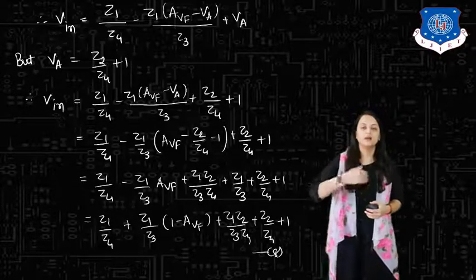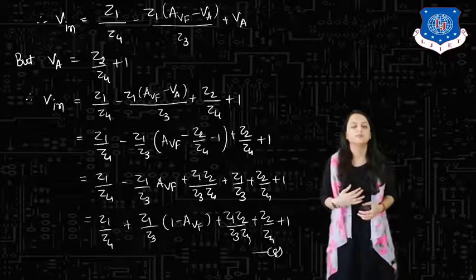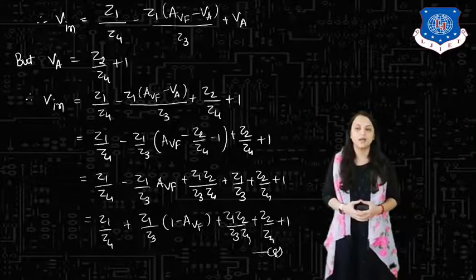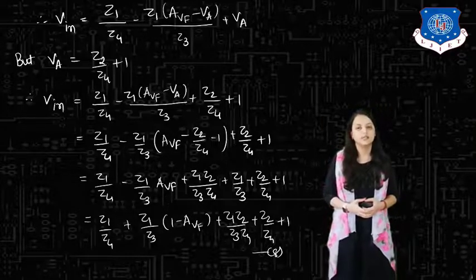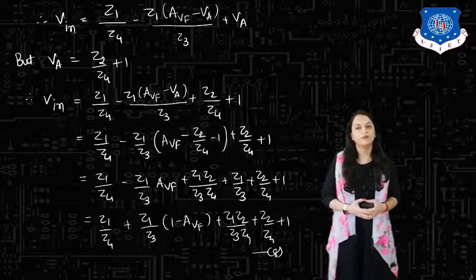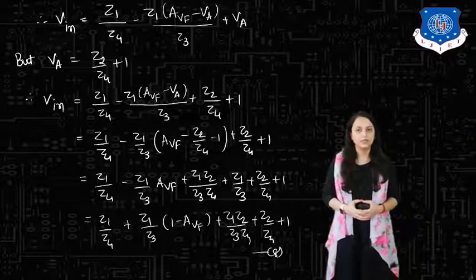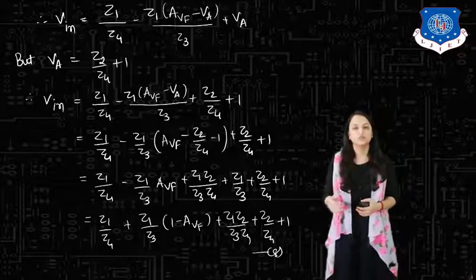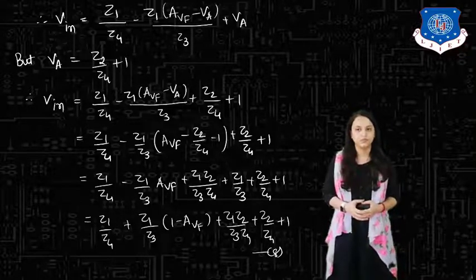By simplifying the equation we get Vin equals Z1 by Z4 minus Z1 into (AVF minus VA) upon Z3, plus VA. But here VA equals Z2 by Z4 plus 1.